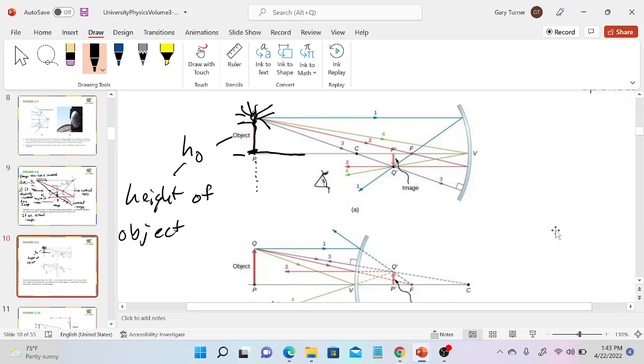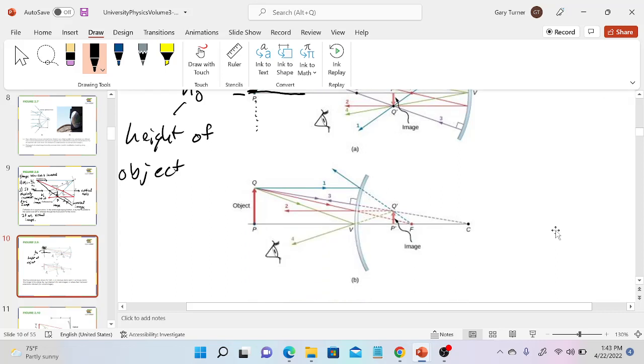But when I have a convex mirror, we can see that a ray coming in parallel gets reflected back up and out. And rays coming in that hit the vertex of the optical axis in the mirror get reflected back out. So this is a case where the rays are actually diverging.